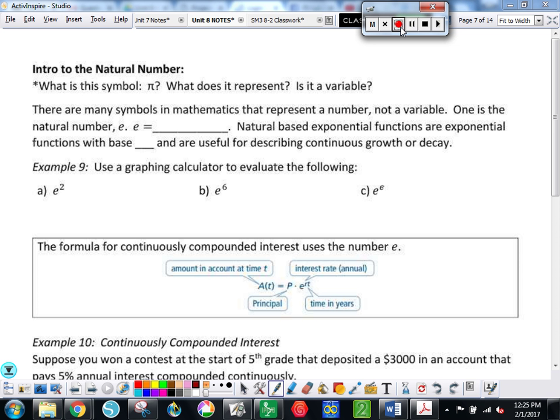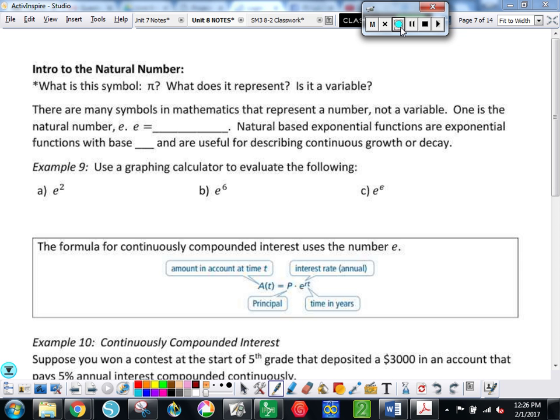There are other symbols in math that represent numbers. One of them is E. Do you find that on your calculator? It should be on there. You see the ln button? On the far left side there's x squared, the log, the ln. ln stands for natural log, which we will be doing later. Natural log and the natural number are the inverse of each other.